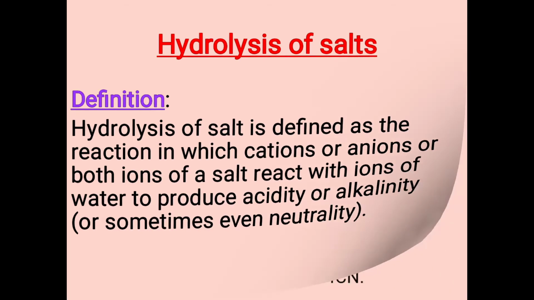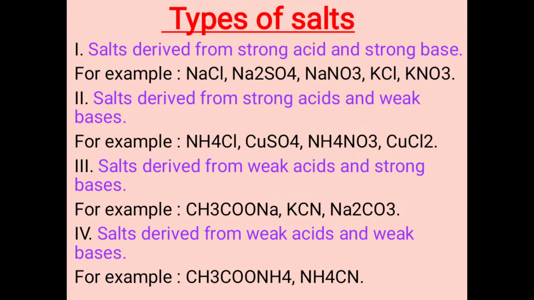Okay, now the next part is the types of salt. There are 4 types of salt. The main part is the use of strong acid, strong base, weak acid and weak base. First of all we learn about the first type, that is salt derived from strong acid and strong base.